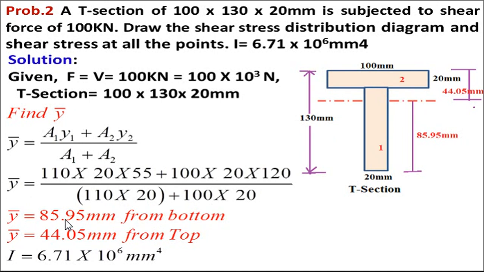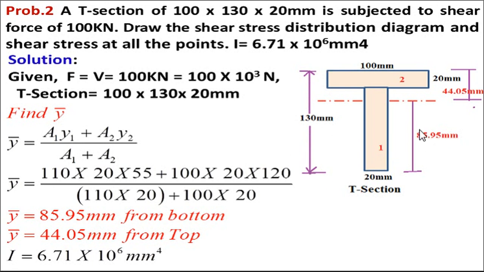That y bar is 85.95 mm. So here I have shown this. Means the neutral axis, this horizontal neutral axis, is at a distance of 85.95 mm from the bottom. This is y bar. Now if I want to calculate y bar from the top, it will be total depth, 130.